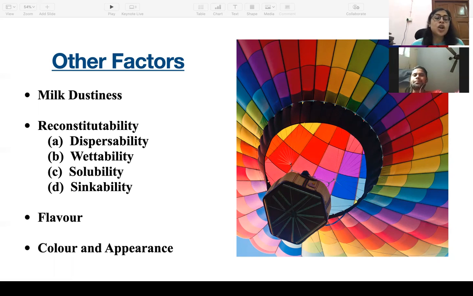Then comes reconstitutability. Reconstitutability means how well we can reconstitute milk powder to milk. In an ideal situation, a powder is reconstitutable if we add water to it and no amount of stirring or movement is required to mix it and make it similar to the original product.